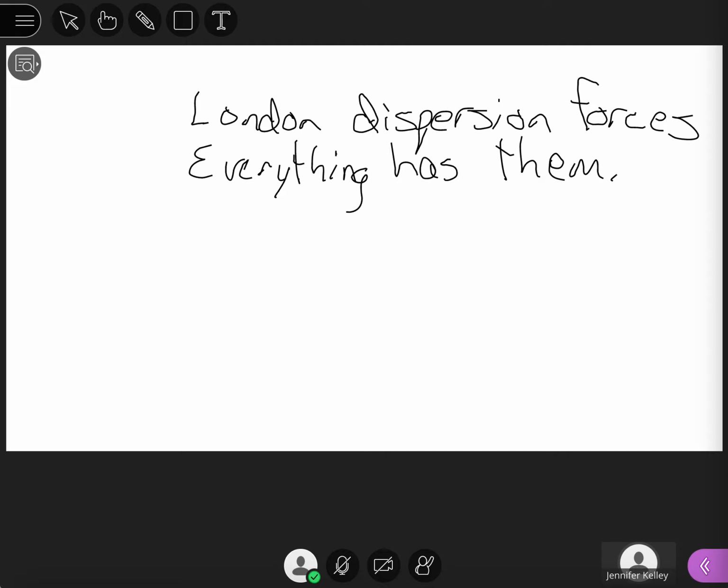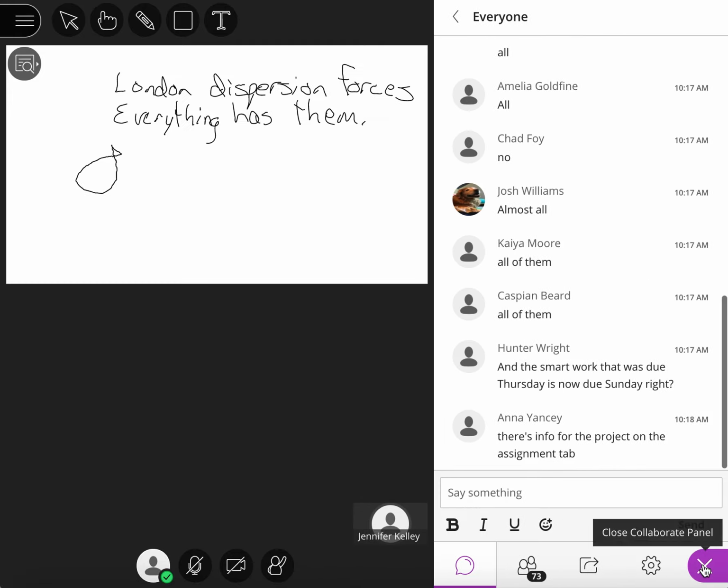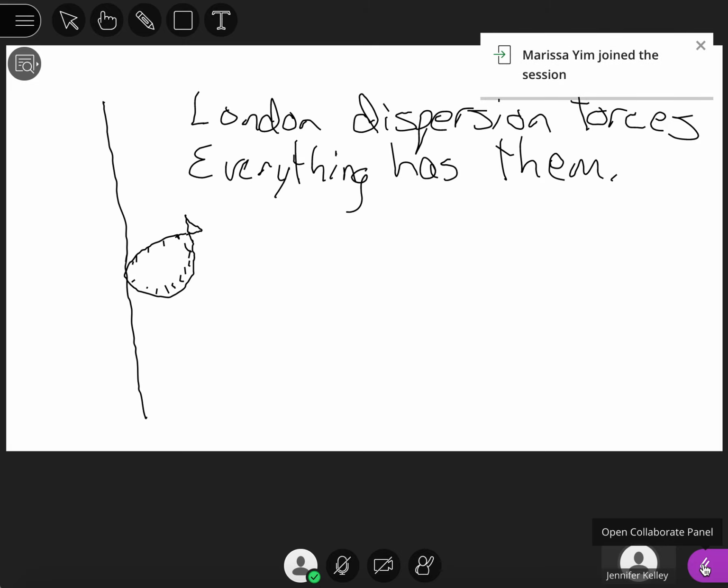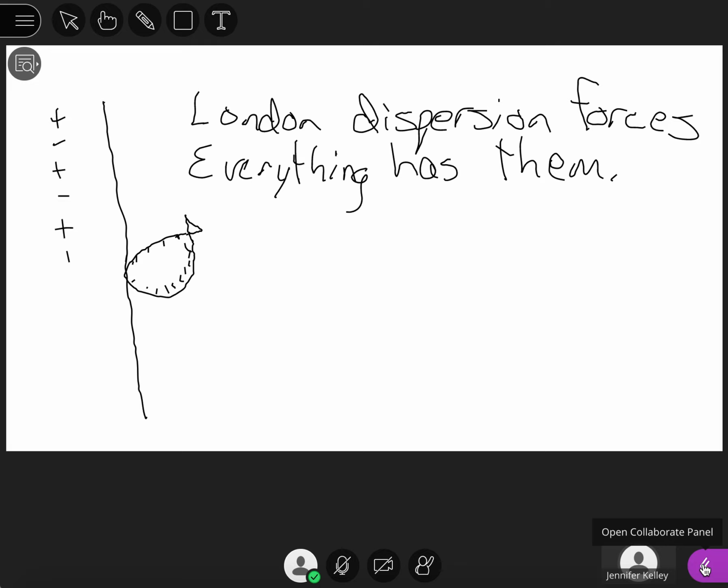So what happens is you have this balloon and you've rubbed it in your hair and you've either rubbed electrons onto it or off of it. So you get all these negative charges on the outside of the balloon and you put it near a wall. Now the wall was neutral before, so it was pluses and minuses all the way down. So it starts off looking kind of like this, or like that.